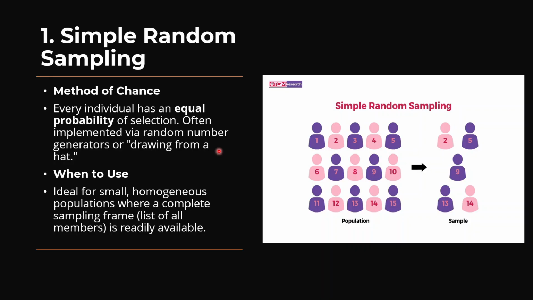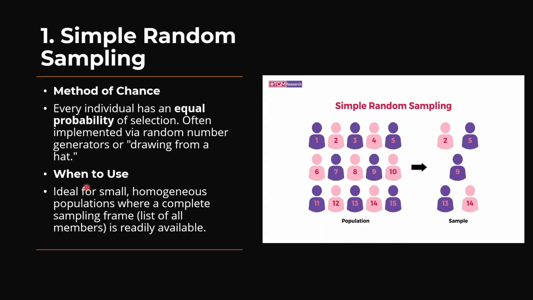You have a set of elements or members in the population, and you randomly select using either a random number generator or by putting all these numbers into one hat or a bag, and then without looking, picking like a lottery. If we select the samples like that, then it is simple random sampling.